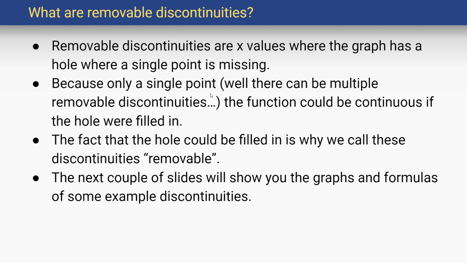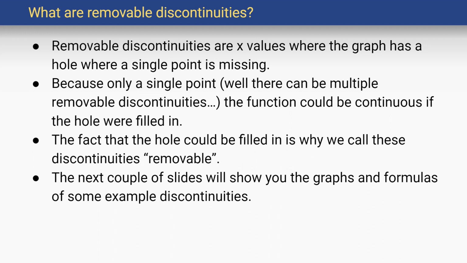If you have a missing point on the graph and you fill it in, now you have a continuous graph. So you removed the discontinuity. If you fill the hole, then it's not a hole anymore. That's why we call them removable discontinuities, because it's just a hole that could be filled in.